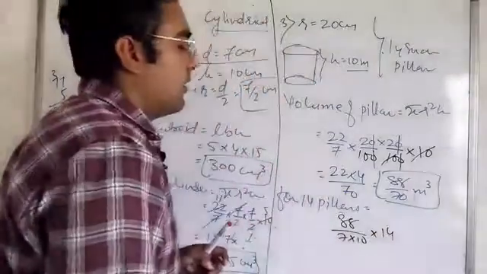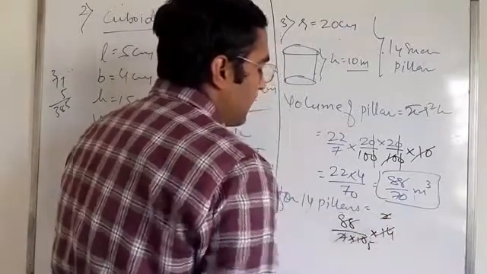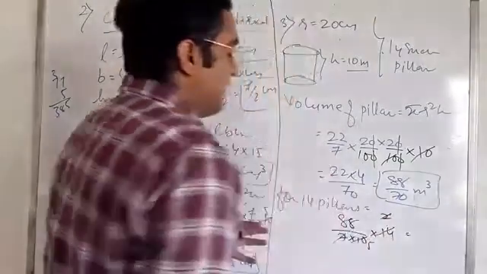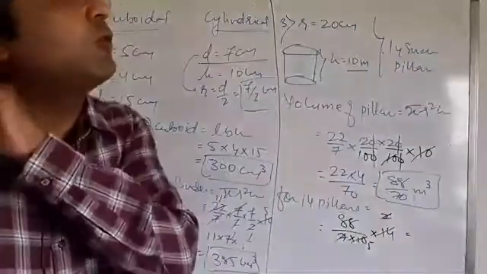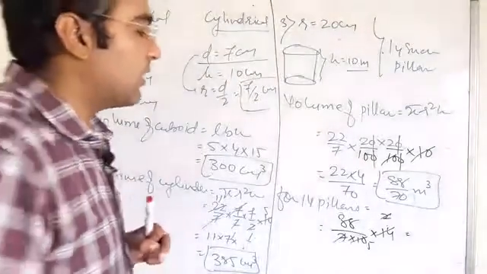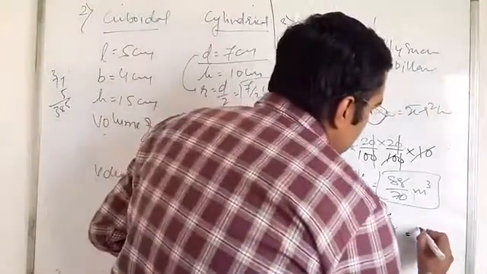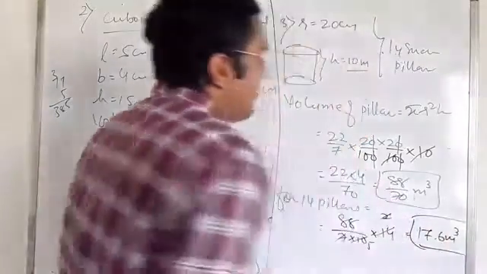Now 7 ones are 7, 7 twos are 14, and so on. So my answer is 88 into 2, that is 176, that is 17.6 meter cube.